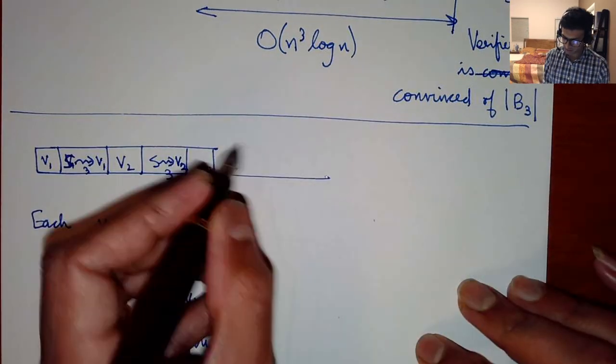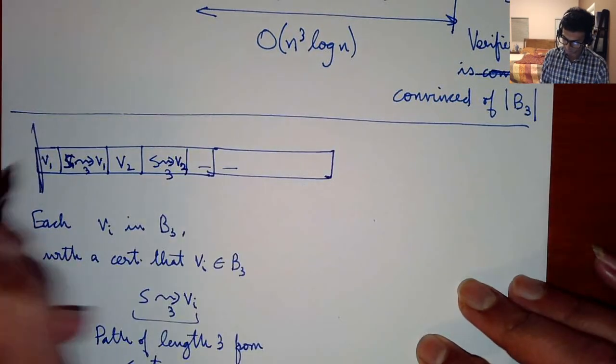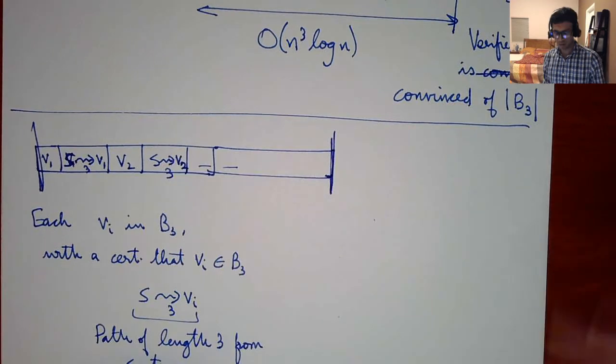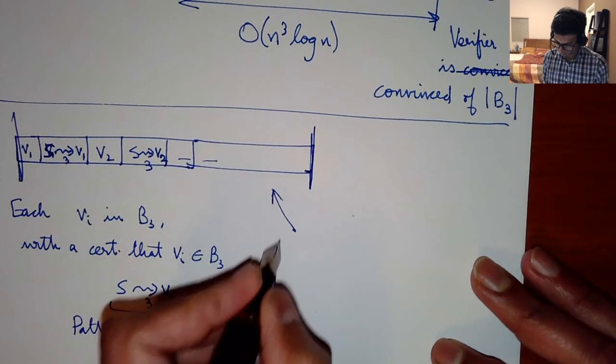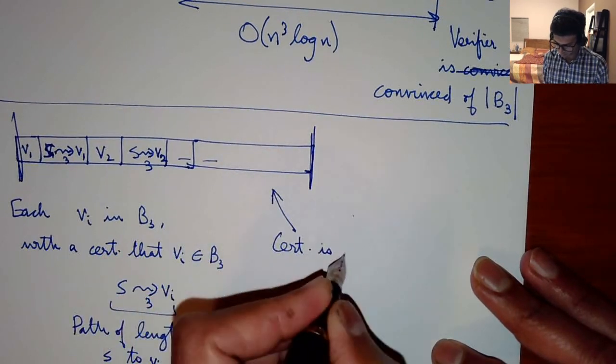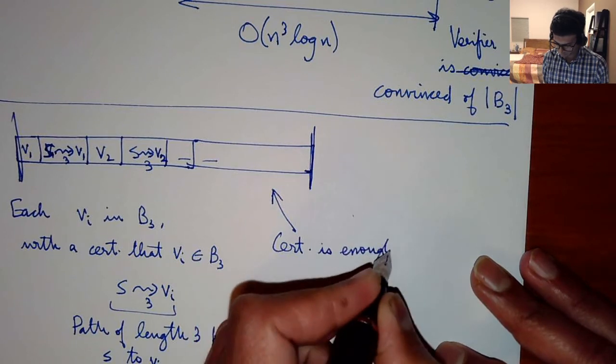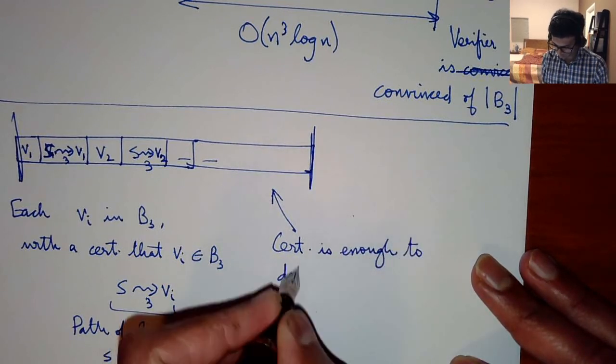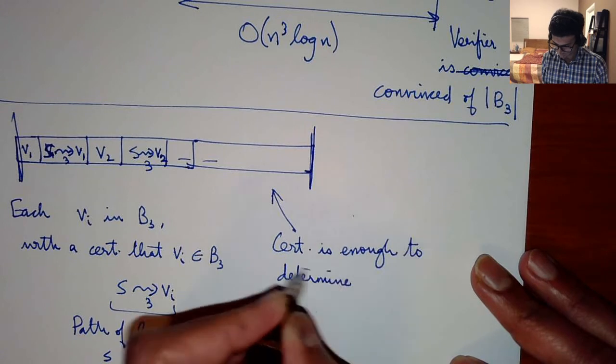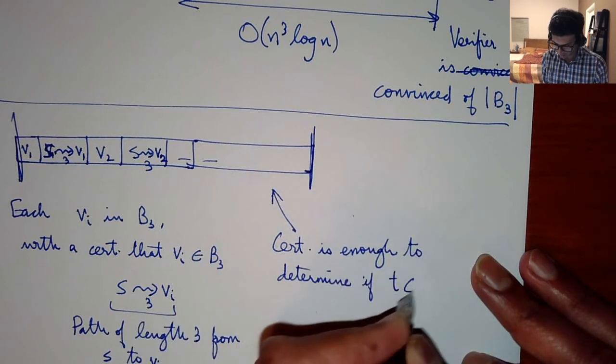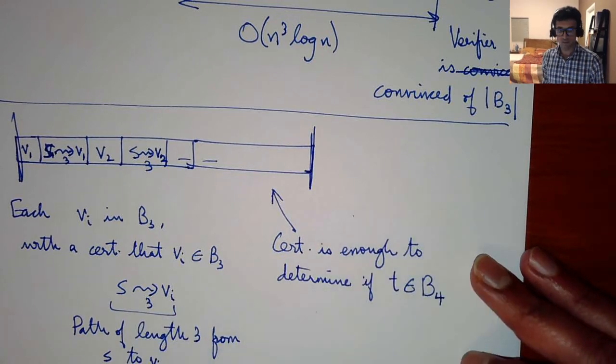So once it has this entire certificate, this certificate is enough to determine if T is in B4.